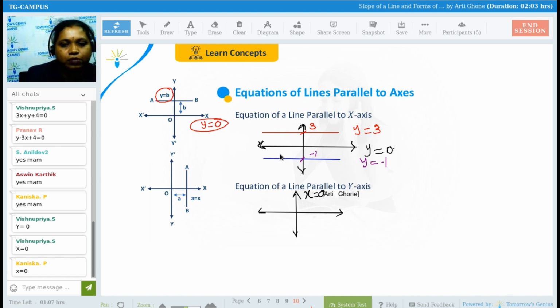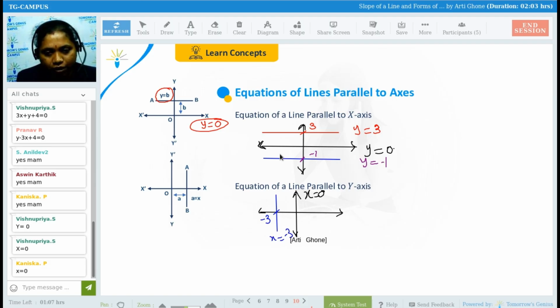I'll take any two random lines which are parallel to that line. If I'm taking a line parallel to the y-axis passing through -3, what will be the equation? Sorry, x is equal to -3. Clear? X is equal to 0, x is equal to -3.